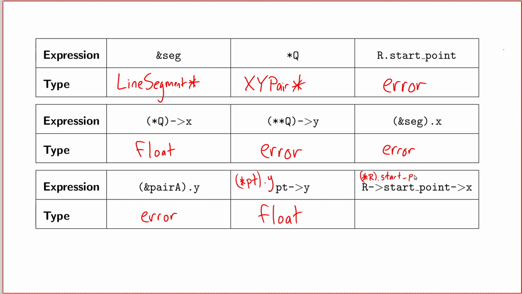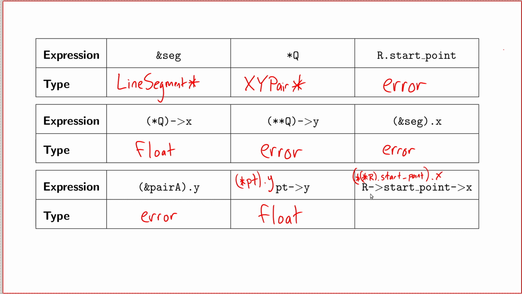Follow the arrow from R, and then grab me the member called start point. Follow the arrow from that, and we can see now that these nested stars and dots are probably not making our life any easier. But we could end up with this expansion. And as I've said, you're welcome to do that, although I think it will probably save you time to just learn how to read the arrow operator directly.